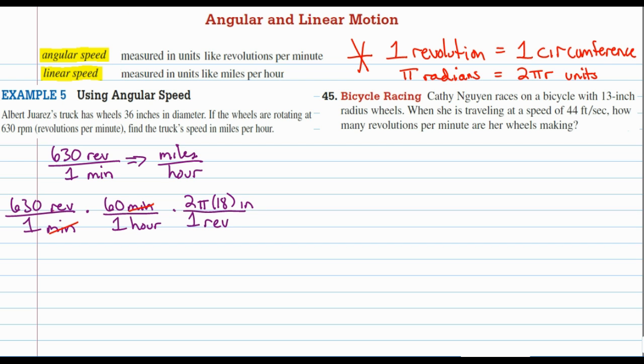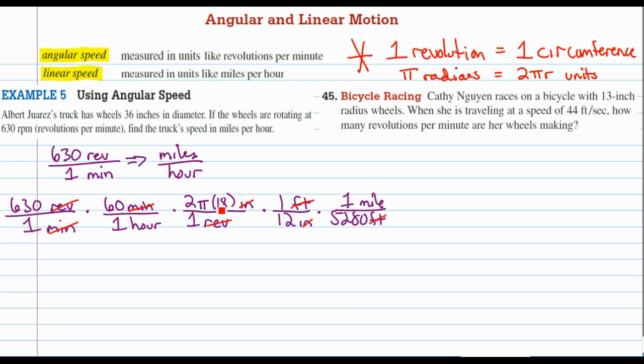So now I am not in revolutions per hour anymore. I am in inches per hour. But we don't need inches per hour. We need miles per hour. So there are 12 inches in 1 foot and 5280 feet in 1 mile. So now I would be in miles per hour.